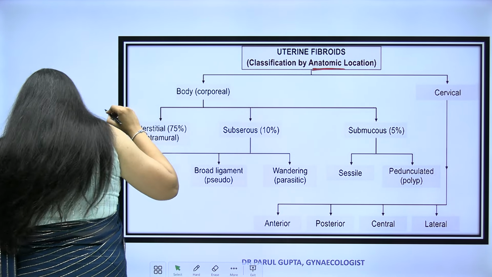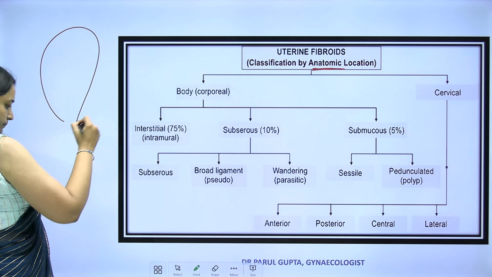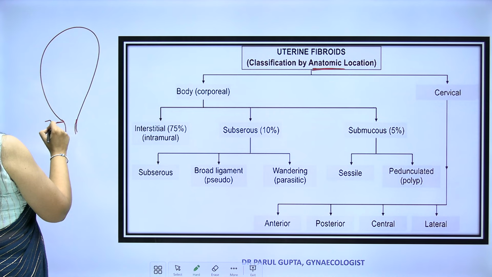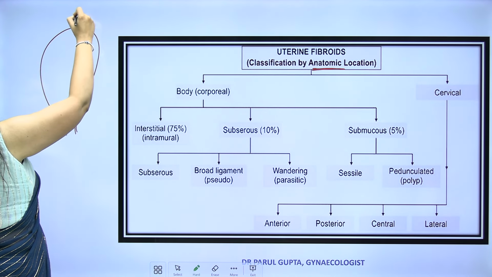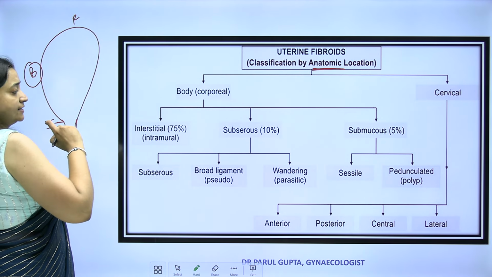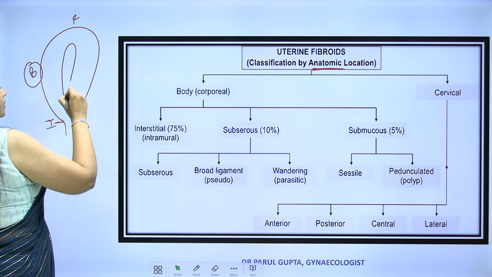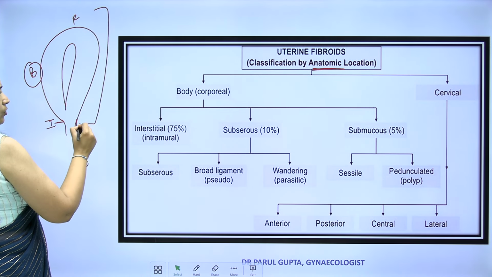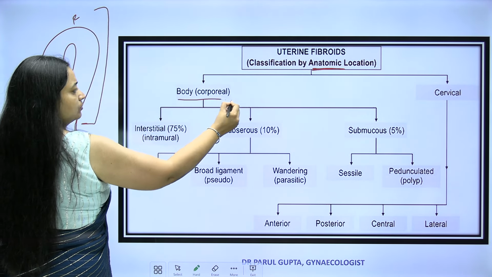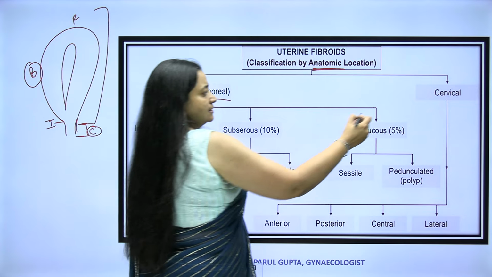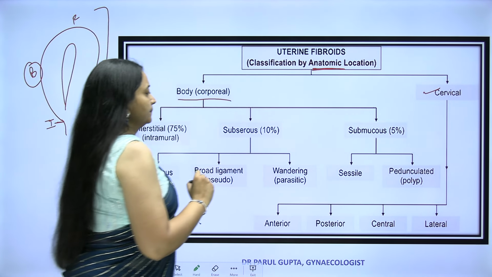So this is your uterus with the cervix. This is the level of the isthmus, this is the fundus, and this is the whole body of the uterus. I hope I am making myself clear. So any fibroid which arises in the body is called a body fibroid or a corporeal fibroid, and any fibroid which arises in the cervix is called a cervical fibroid.